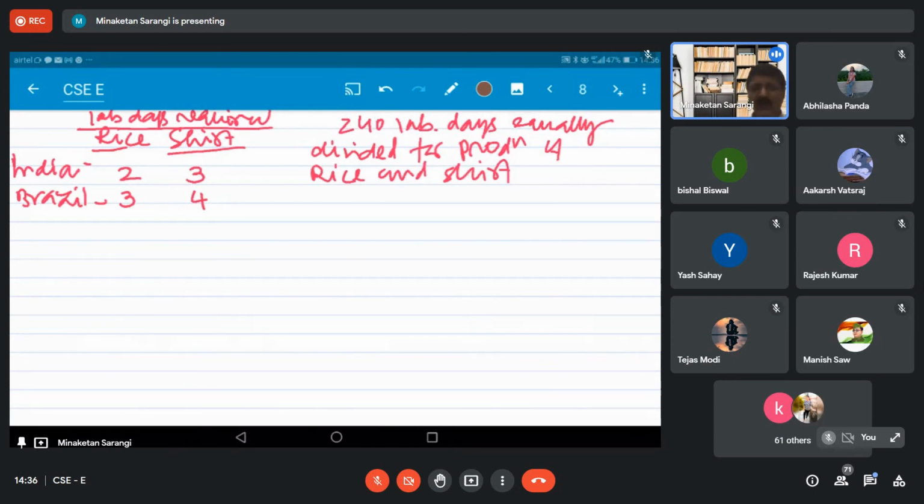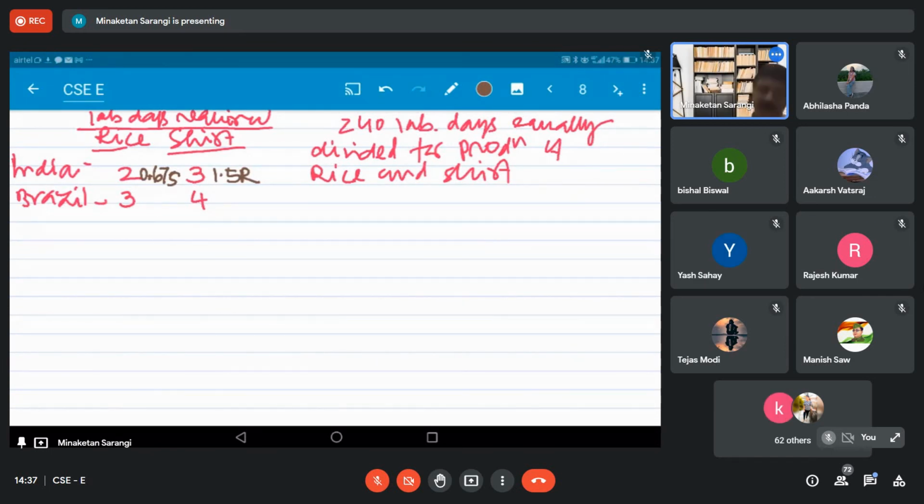For India, for 1 unit of rice, it has to sacrifice 2/3, which is 0.67 sat. And for sat, it is 3/2, 1.5 rice. Clear?